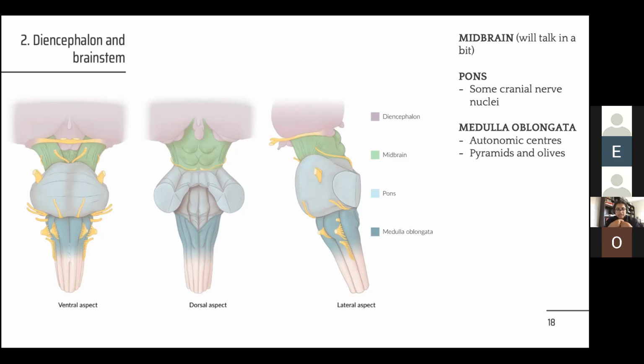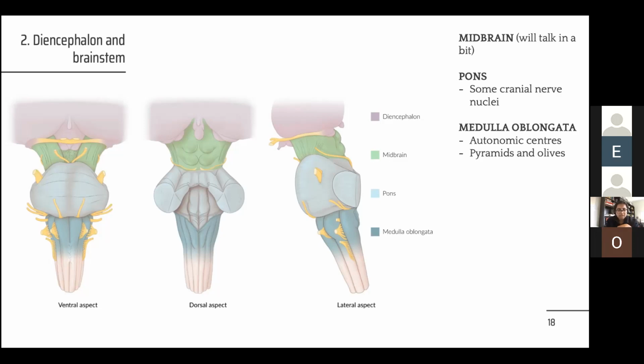The spinal pathway tracts also go through here. If you notice in this view, you've got two lumpy parts in the middle and then two lumpy parts at the side. The bits in the middle are the pyramids, and the bits at the sides are the olives. The way that I remember is that the olives are lateral because they both have L's in them.